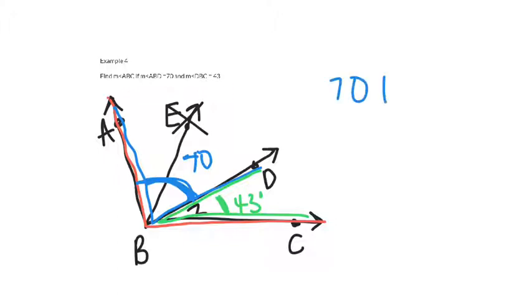If I take angle ABD, which is 70, plus 43, I'll already get the whole thing. I don't need anything to do with that extra ray or that extra angle that they put in there. Okay? So just 70 plus 43 will give you the whole thing, which is 113.